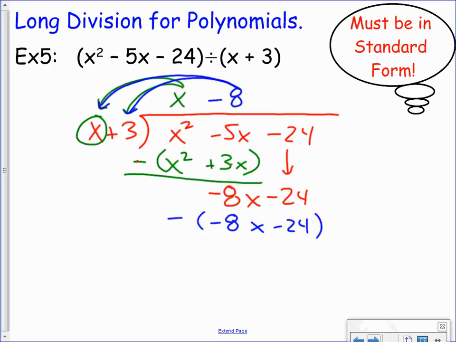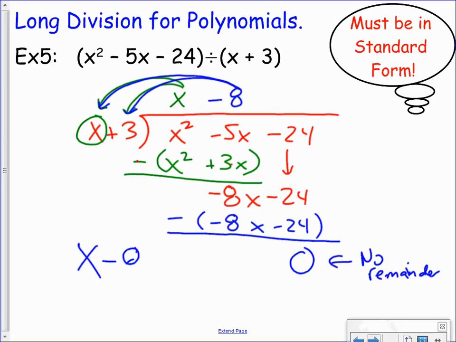Put parentheses around the second one to remember that you're subtracting that whole thing. Something minus itself is 0. If you have 0, then you have no remainder. There's an I in remainder, right? So our answer is x minus 8. The other factor is x minus 8.